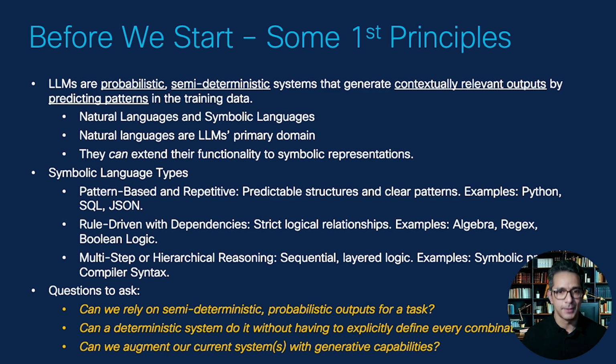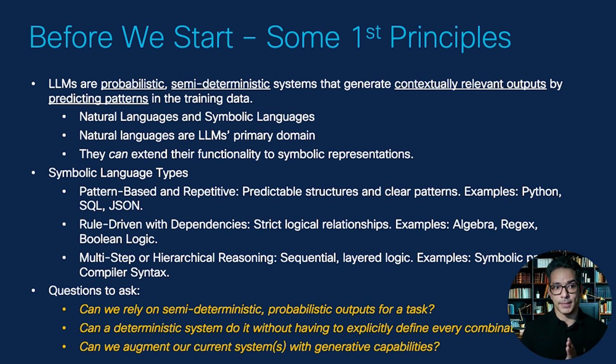in the training data. Generally, the training data is either natural languages or symbolic languages. Symbolic languages, example, mathematics or algebra. Natural languages are LLM's primary domain, but they can extend their functionalities to symbolic representations. And there are a few symbolic language types.